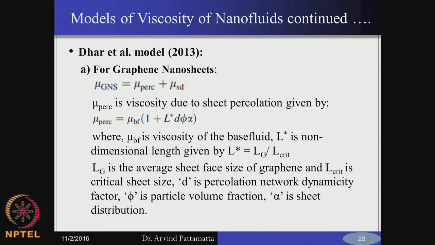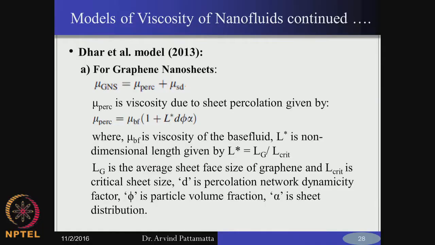It is not that percolation and sheet dynamics affect only the thermal conductivity; they also play a very important role in the viscosity as well. The sheet dynamics and percolation components for viscosity are separately calculated using these expressions. For example, here L star is the non-dimensional length, which is the size of the nano sheet divided by some critical length.